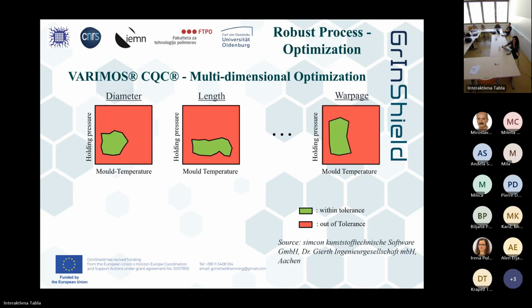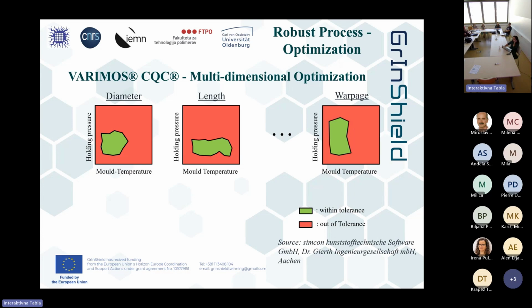Okay, then we have, look here at the diameter, length, and the warpage, in dependence of process settings, holding temperature, mold temperature. And if you do the DOE, you find out over the whole area, these within the green area are the good parts.